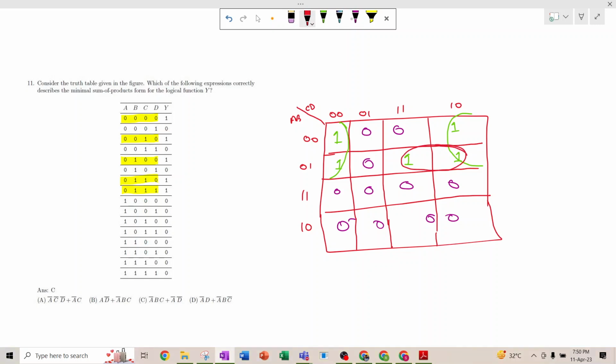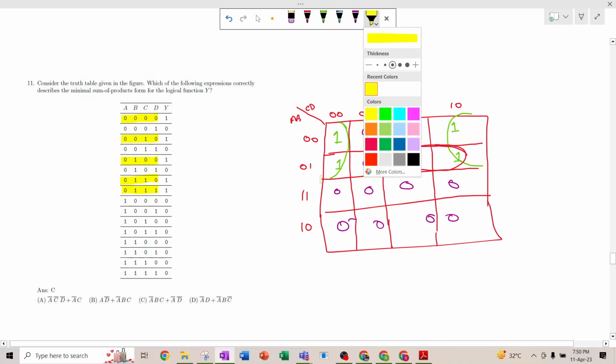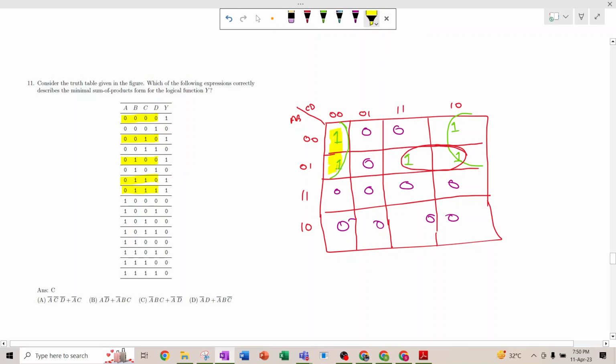Okay, these two. So one is like this thing, this 1 1 and this 1 1, and another is like this thing, this 1 1.